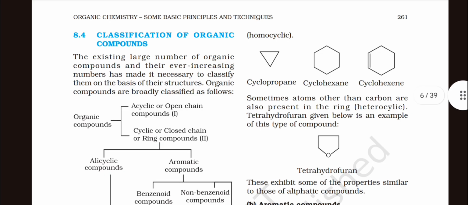Classification of organic compounds. The existing large number of organic compounds and their ever-increasing number has made it necessary to classify them on the basis of their structure.